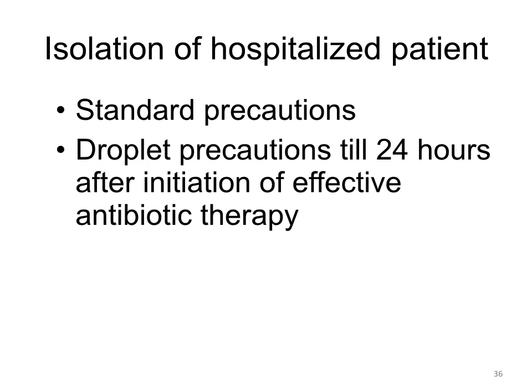It's important to isolate these patients because the disease is transmitted through droplet transmission. Droplets are big particles, so if you're within 3 to 6 feet of an index case, you may get infected. And droplet precautions are put in place till 24 hours after initiation of effective antibiotic therapy.